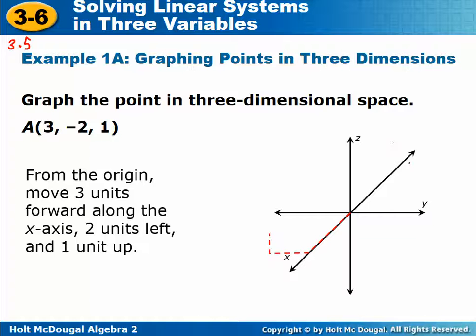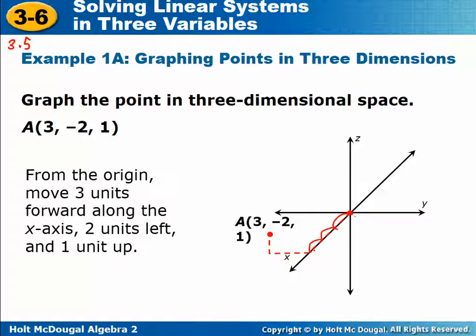First of all, you have to draw your x, y, and z axes. And then from the origin, which of course is here, you move along the x-axis, and it's important to label these, 3 units.